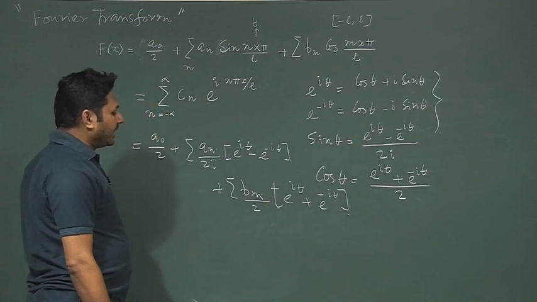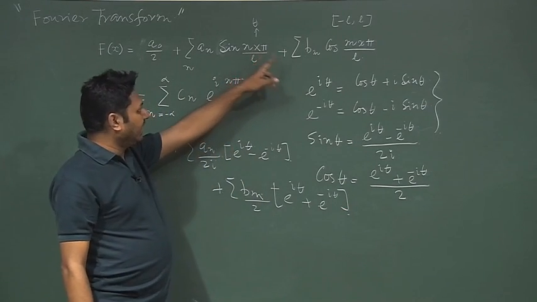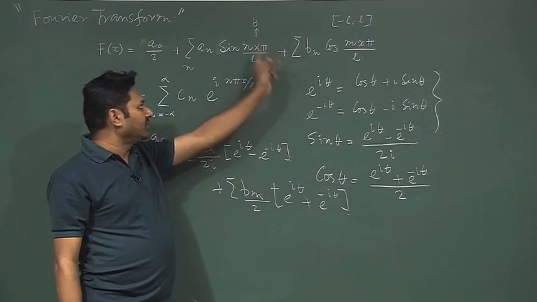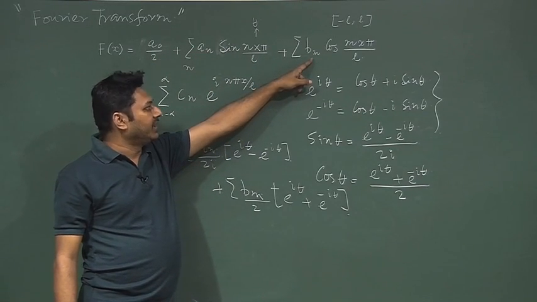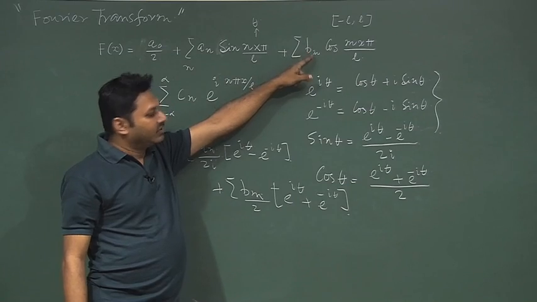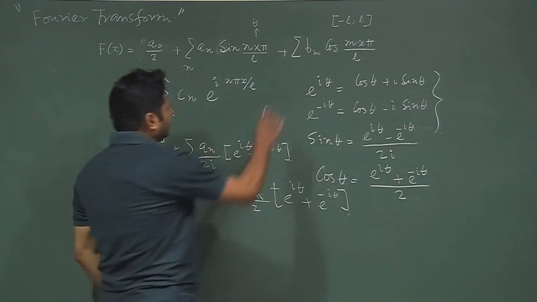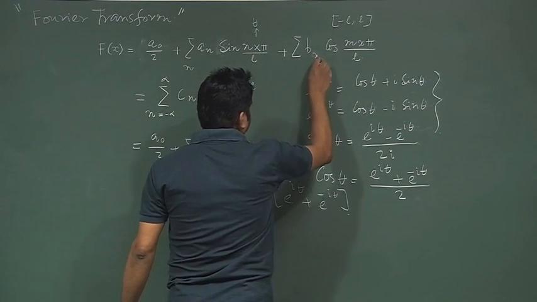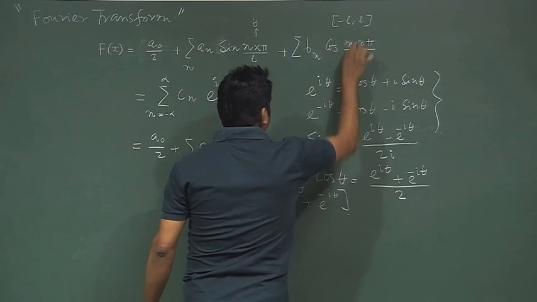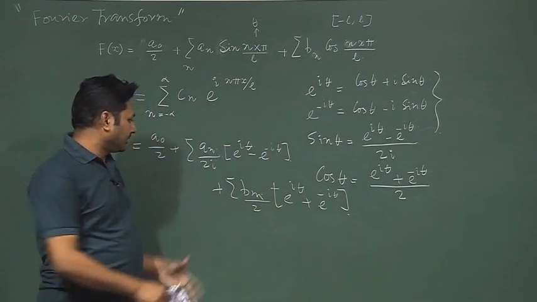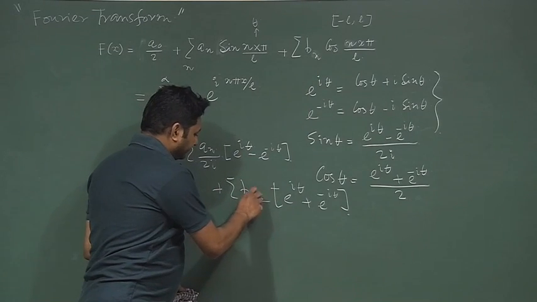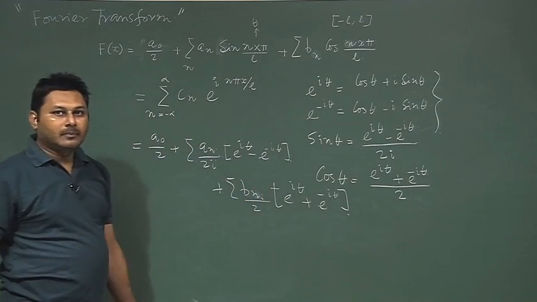Now, please check one thing: this n and m I just distinguished, but I can write the entire thing in terms of a single dummy index. If I replace m with n, there is no problem at all. Then I can write this theta and this also theta, and this is b_n.